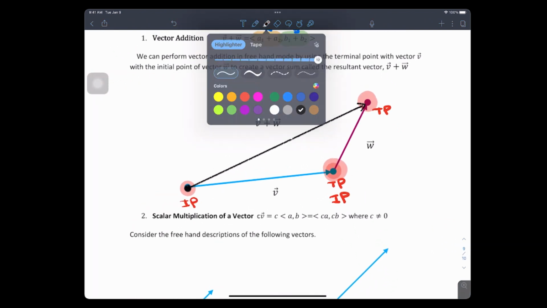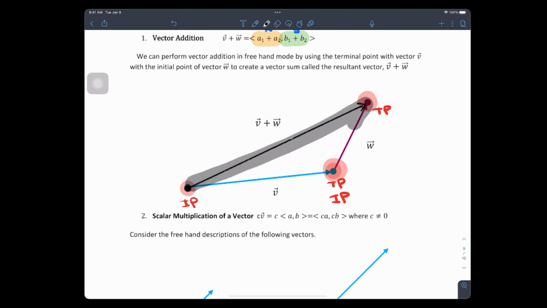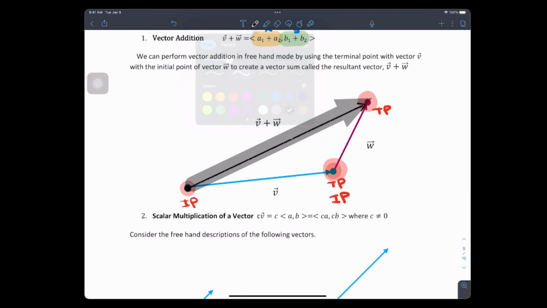But what happens if I connect the initial point of the first vector with the terminal point of the second vector? I get a new vector. This is the initial point of the first vector right here. The terminal point for the second vector, if I do this, let's get this out of the way.